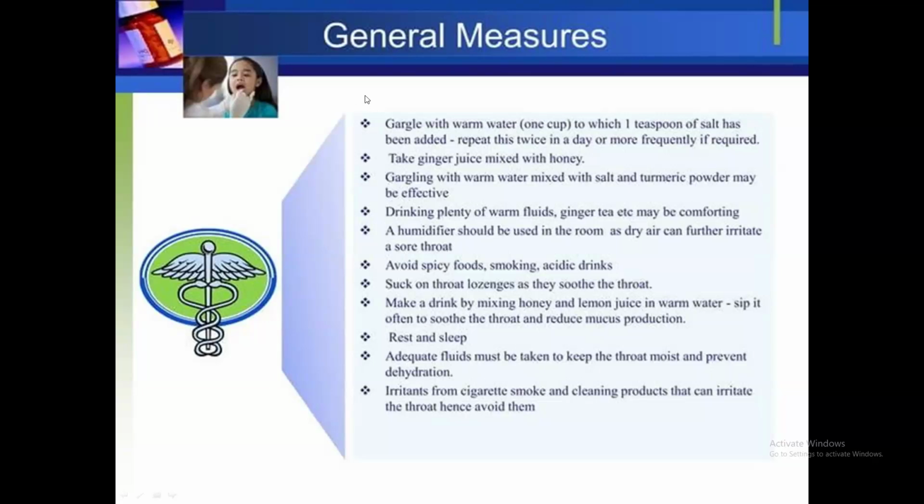These are the general measures we use in case of an acute attack of adenoids or tonsillitis. Our homeopathic medicines act like a miracle when given in a proper dose or proper potency, and we have to take proper follow-up of that patient or child.